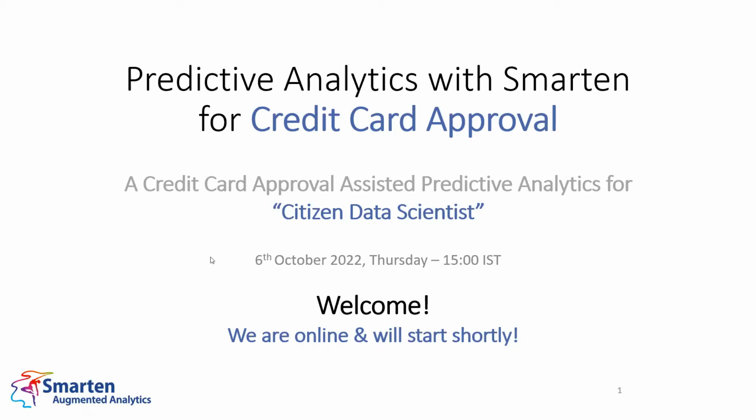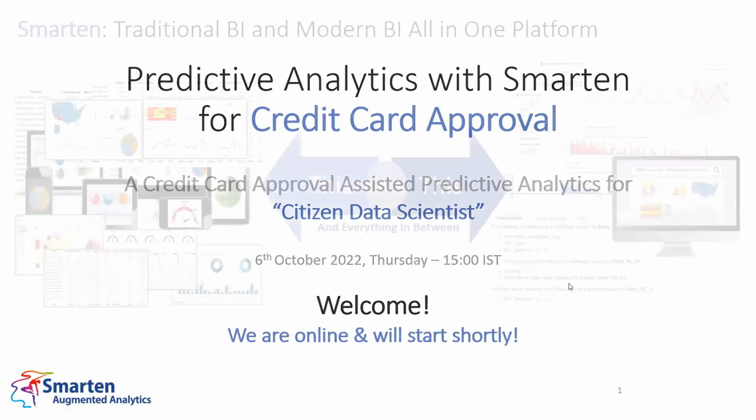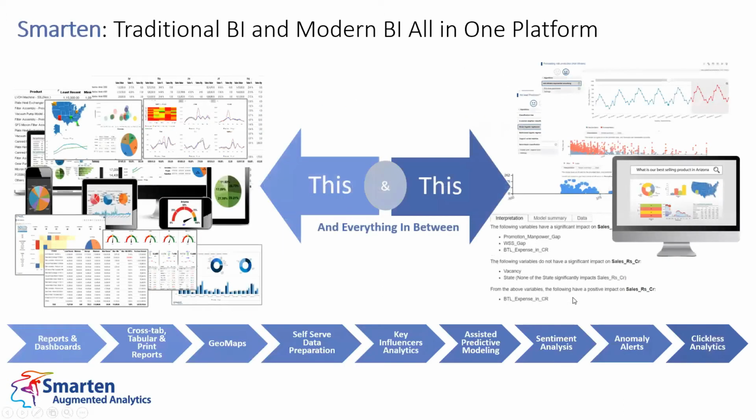So we are going to use Smarten. I'll just give a very brief intro about what Smarten is. Our existing customers may already know, but for all those who have joined this webinar for the first time, Smarten is traditional as well as modern BI in one platform. Smarten provides reports and dashboards, crosstabs, and pixel perfect print reports.